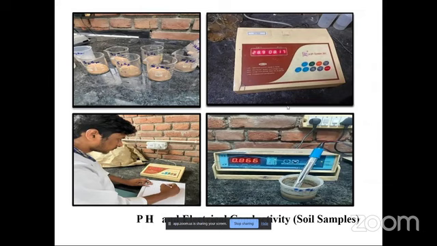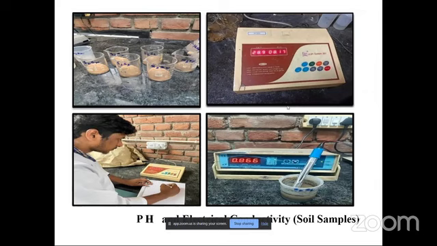Usually for calculating pH and EC there is a proportion of 1 to 2. If we collect the soil in 5 mg, we add 10 mg of water, then mix together, then filter it, and then take it to the soil pH meter and EC meter. We gently wash the pH rod, then put the rod in the beaker which contains the soil solution.